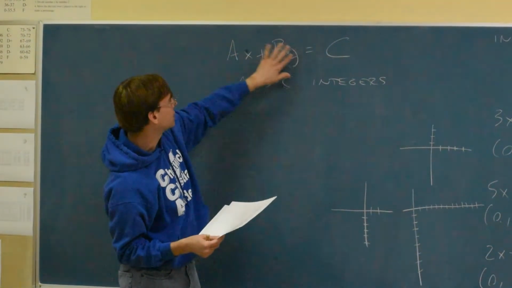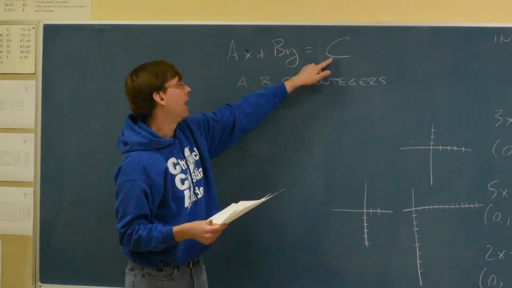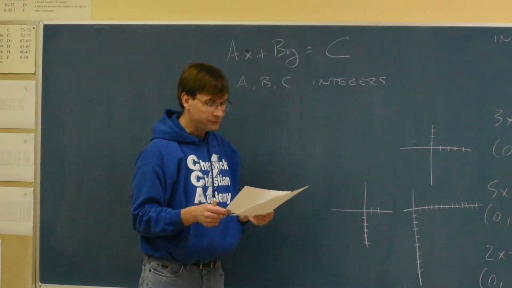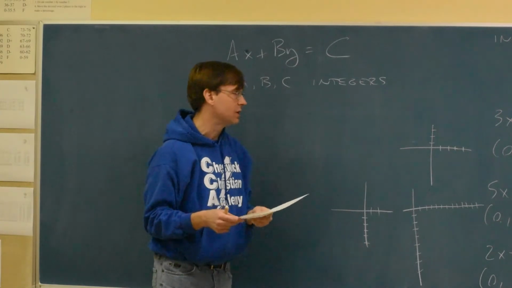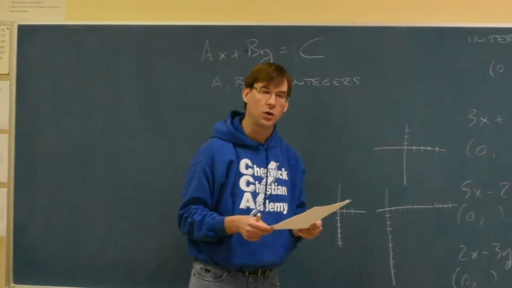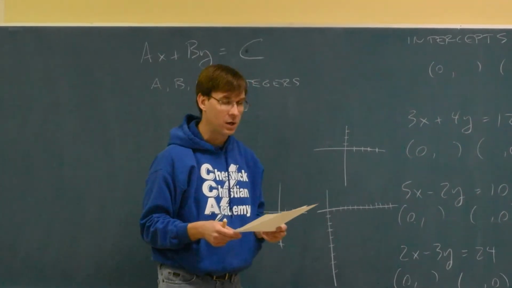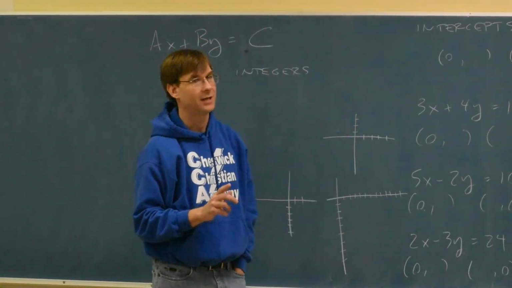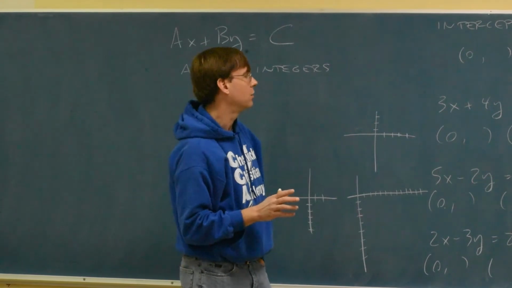Standard form means x and y are on the side, and the number gets out of the way with no fractions involved. If you see an equation in standard form, that's often a cue that intercepts are going to be a good way to do that problem, but I didn't say always. It's not always, but often a good way to do the problem.